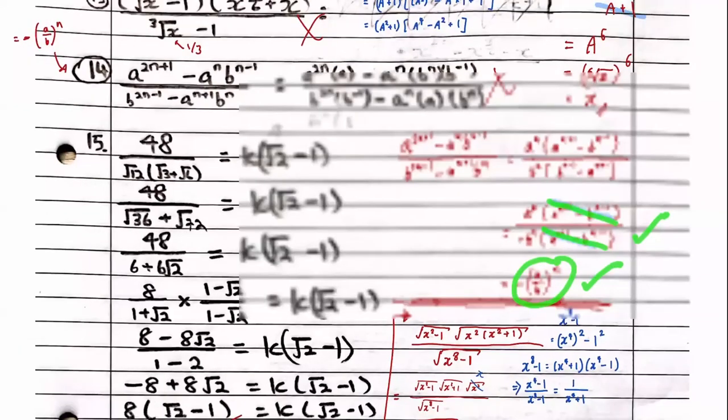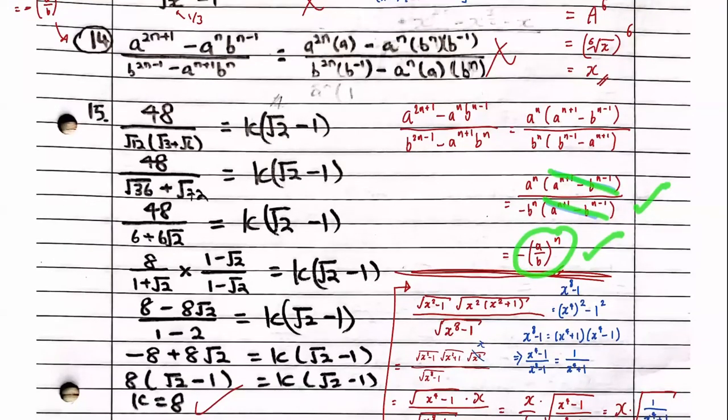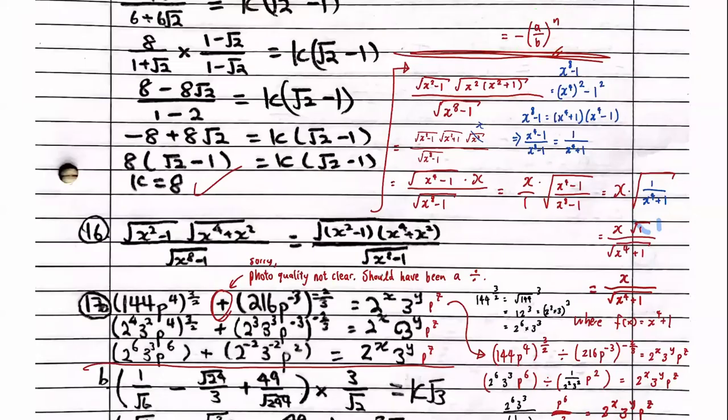This one we have to be clever again. So what did they tell you? They told you to express your answer in the format of some constant divided by the square root of f of x. Do you know what they mean by this?